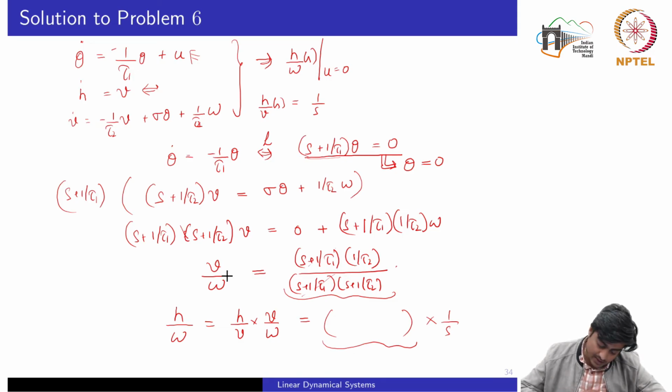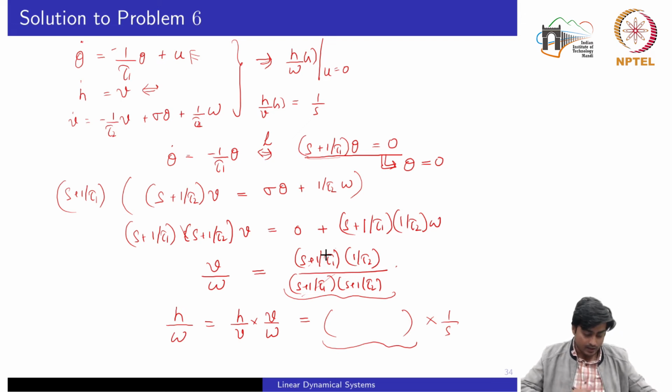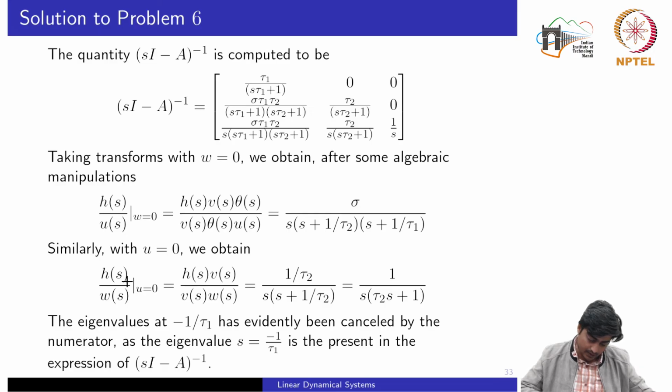So if I see only the signals h and w, I won't be able to see this mode. So it is pretty much clear that the system is controllable from u, but it is not controllable from w.